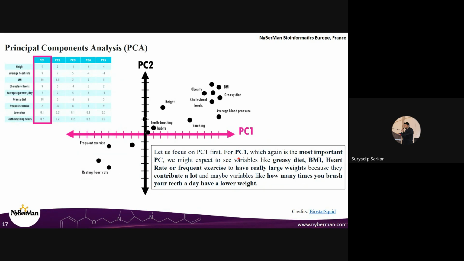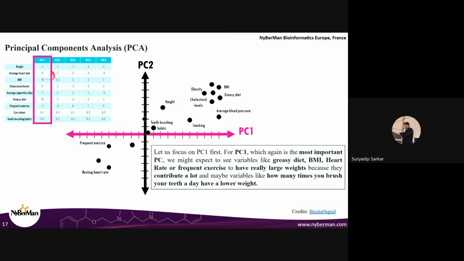For PC1, which again is the most important principal component, we might expect to see variables like greasy diet, BMI, heart rate, resting heart rate is here, etc. These have really large weights. If you see here, BMI has a weight of 10.